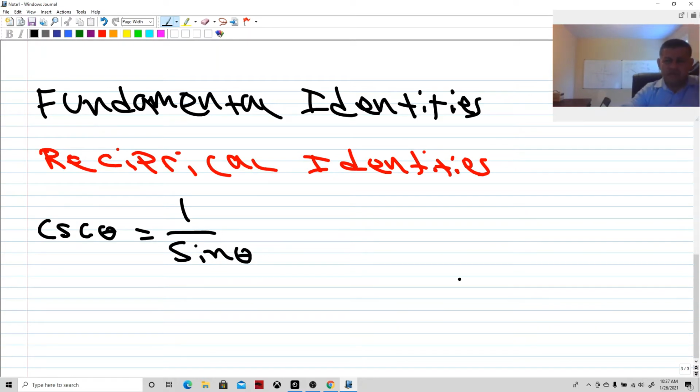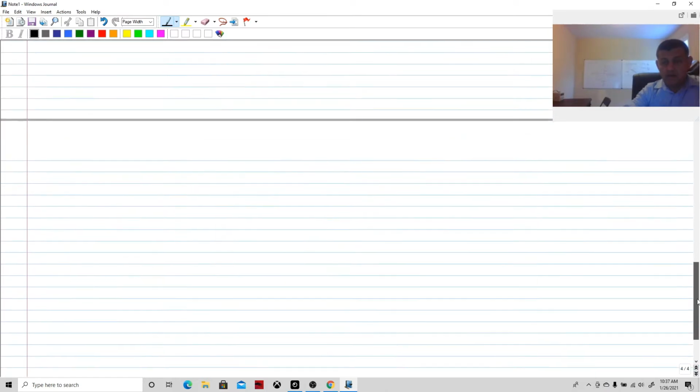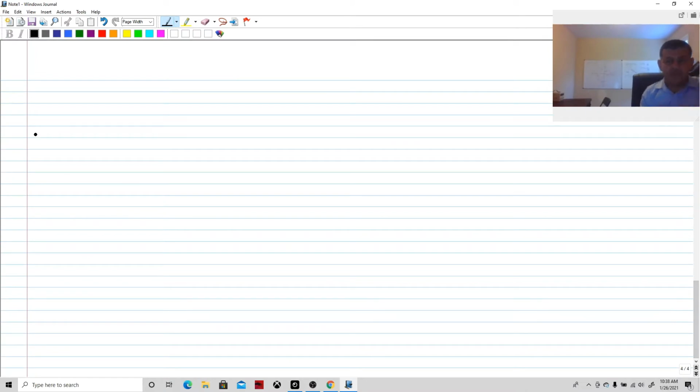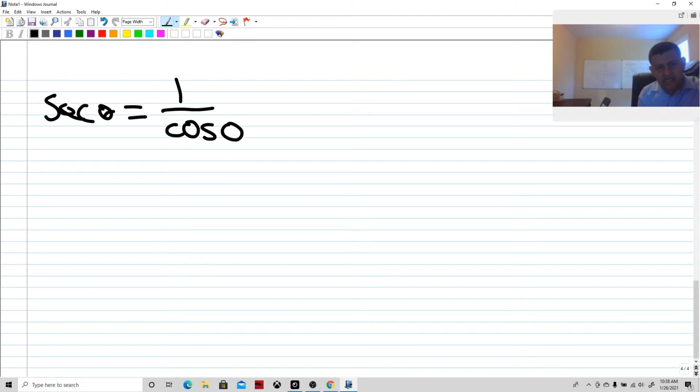Then secant of theta is equal to 1 over cosine of theta.